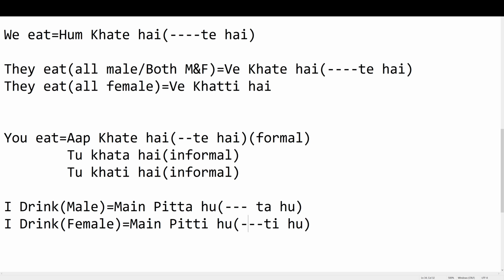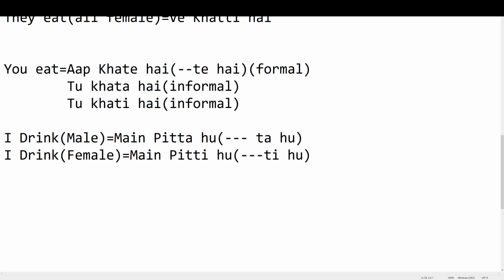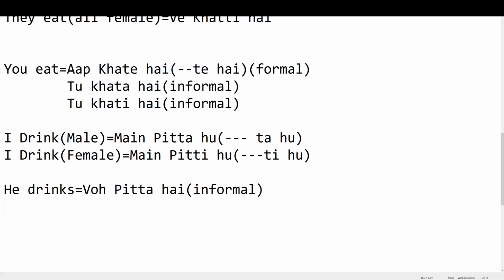Next is he drinks. He is male gender, right? वो पीता है. This is informal way to say. वो पीता है, informal.